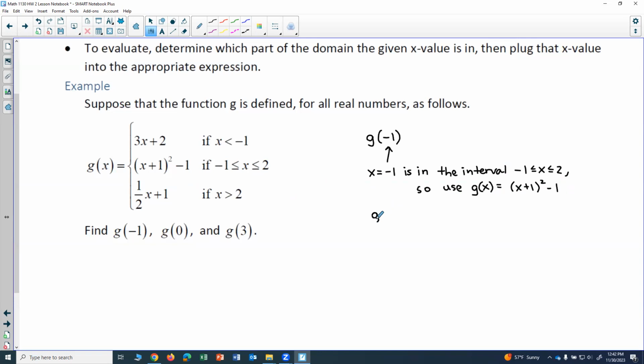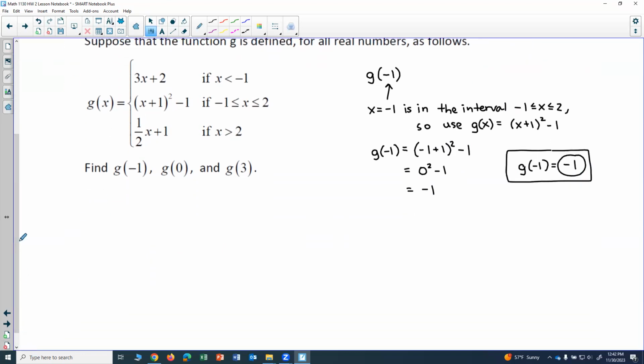So I would have g of -1 equals (-1 plus 1) quantity squared minus 1. And I just want to evaluate that. So I'm going to have -1 plus 1 is 0. So this would give me 0 squared minus 1, which is -1. So my answer is going to be g of -1 equals -1. So my final answer for that would be -1. That's the output.